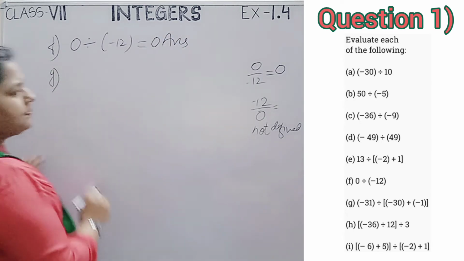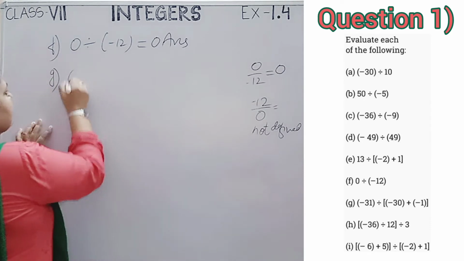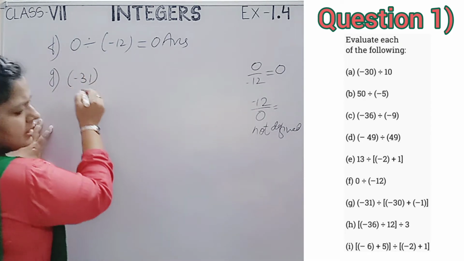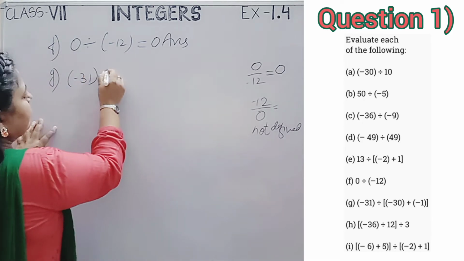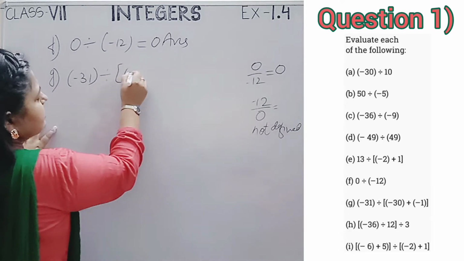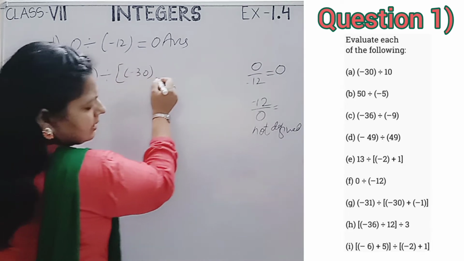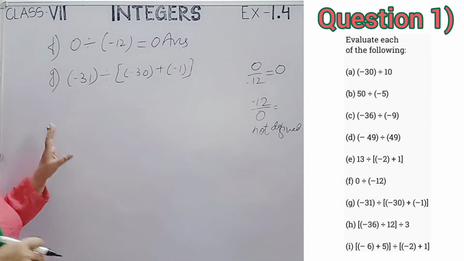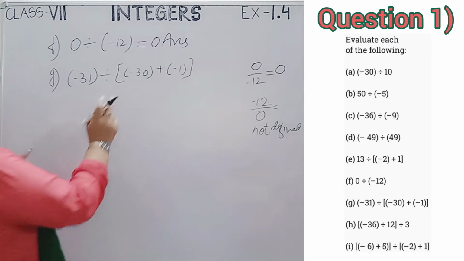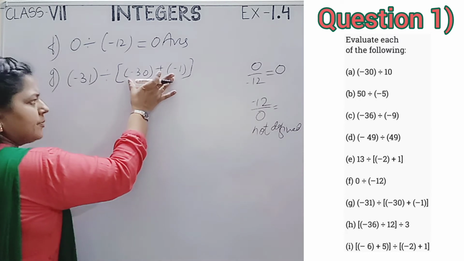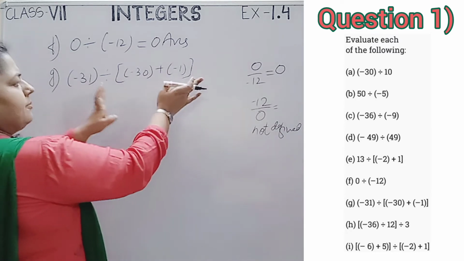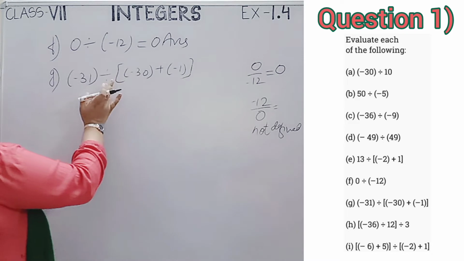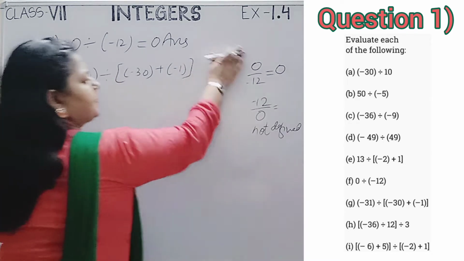G part, minus 31 divided by minus 30 plus minus 1. So according to BODMAS rule, first we will solve the small bracket, after that the big bracket, then we will go to the division work.